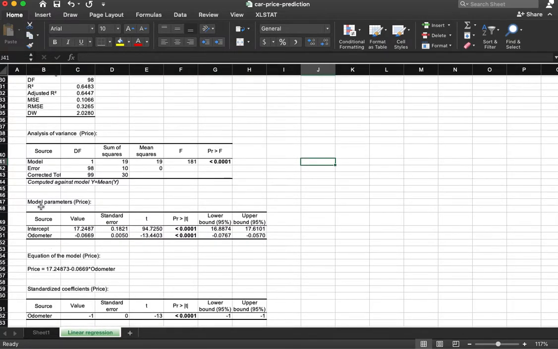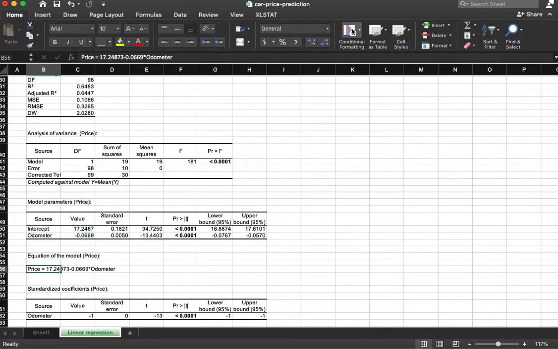Now we're down to our model parameters. First is our intercept. That's just the initial value we'll start with. And this one here is called our beta naught, so B0. This value here is our coefficient for odometer. Right? It says value, but that's the same as coefficient for odometer. What this is saying is that a 1 unit increase in odometer is associated with this number decrease in price.